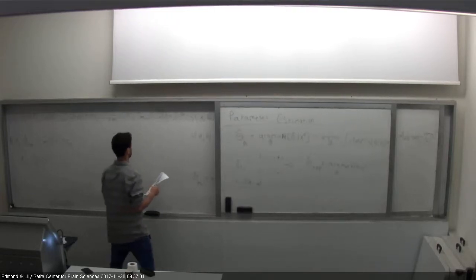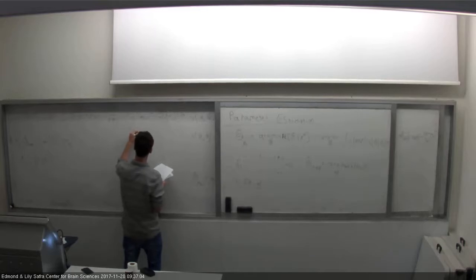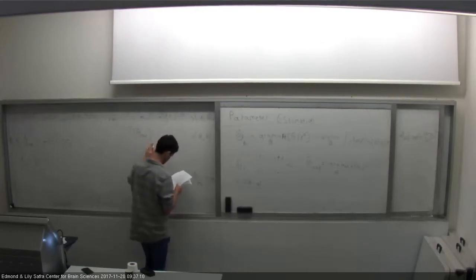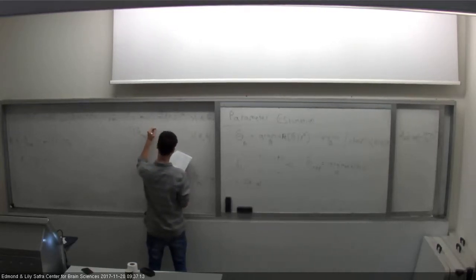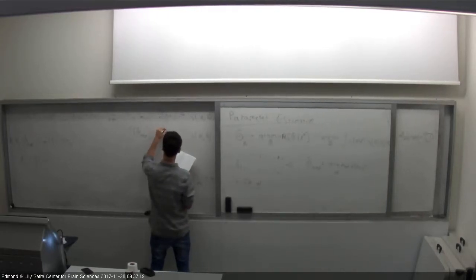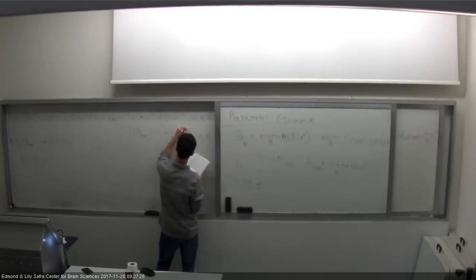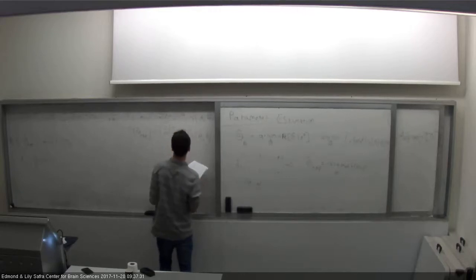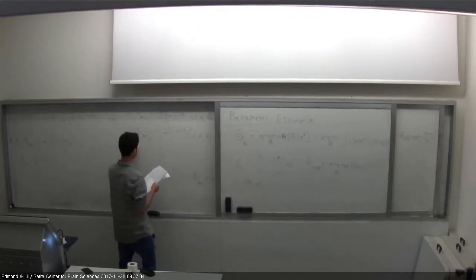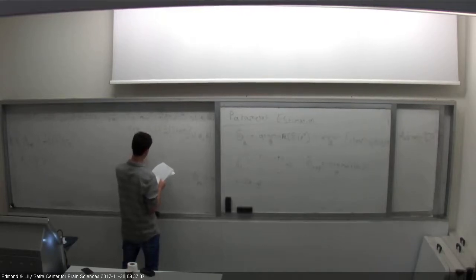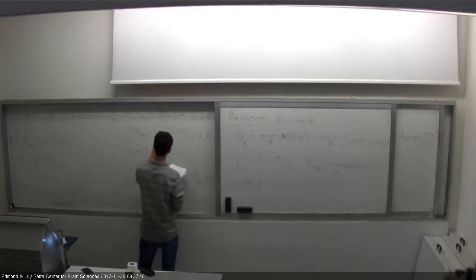And the expected value of the MAP estimator is equal to the expected value of 1 over n plus 1 sum over xi plus mu 0, and this is equal to n divided by n plus 1 theta plus mu 0 divided by n plus 1.